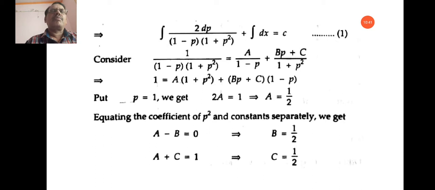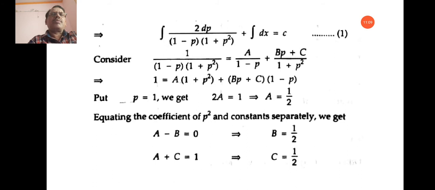Next, to find the values of B and C, we do not substitute any value for p but simply compare the coefficients of p square and the constant. So what is the coefficient of p square? Observe that in the above equation, in the LHS it is 0 and in the RHS it is A minus B. So B is equal to 1 by 2.